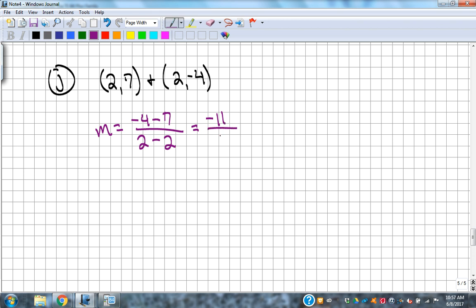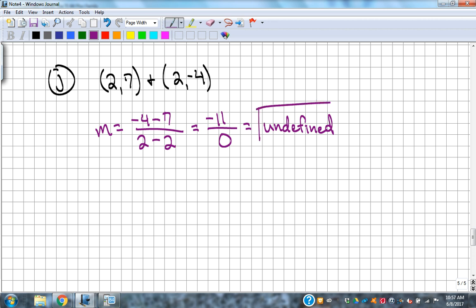Yeah, -11 over 0 or +11 over 0, depending on which way you put your numbers in there. But it's a 0 in the bottom. What's the problem with that? Can we ever divide by 0? No, that's an undefined operation.